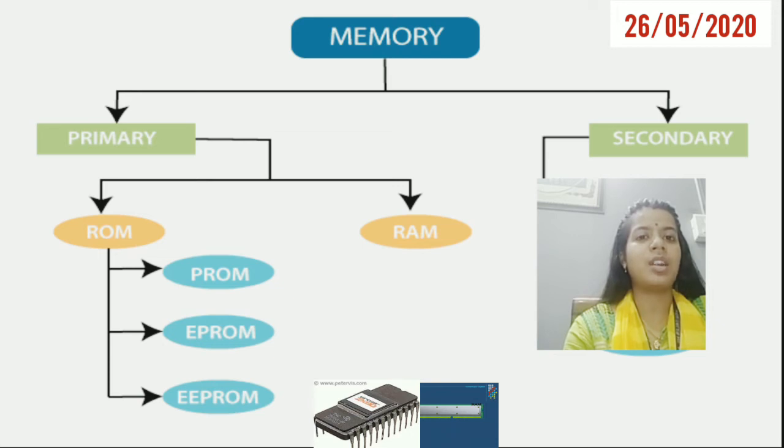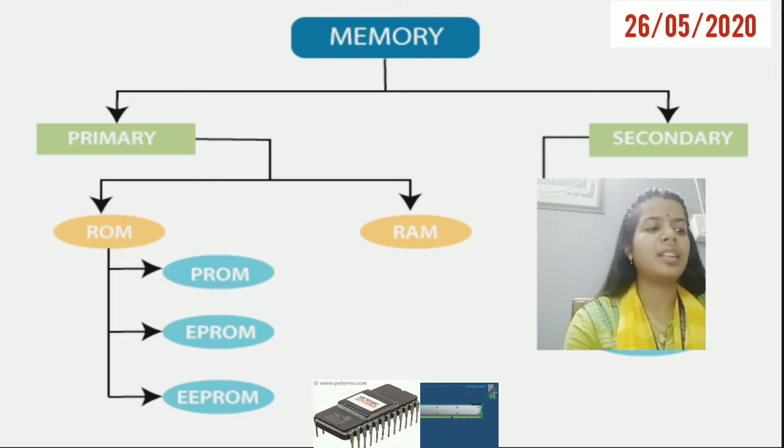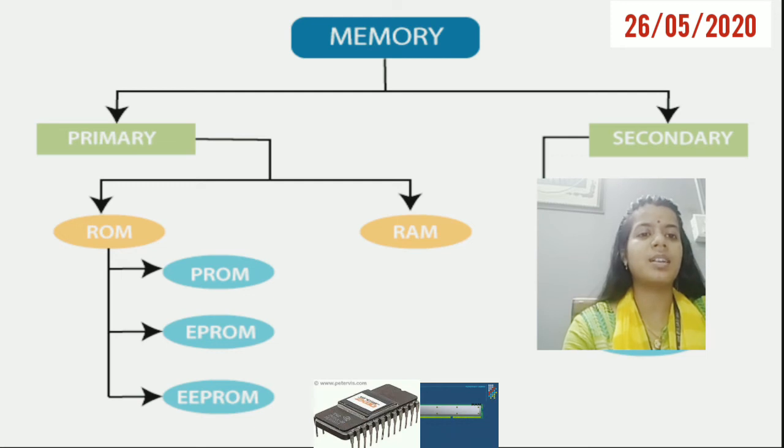There are how many types of memory? There are two types: number one, primary memory, and number two, secondary memory. We have learned in detail today about primary memory.